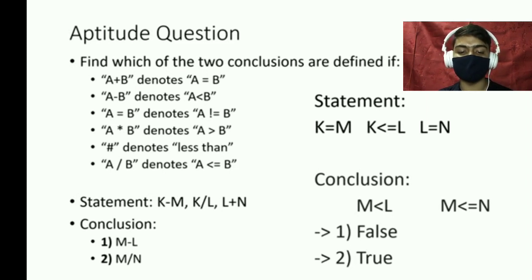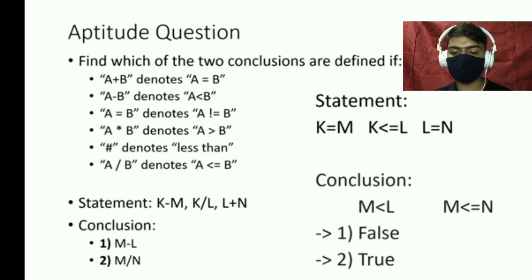The first one is M minus L, and the second one is M divided by N. Then the first statement, when we decoded it, K minus M means K is equal to M, then K is less than or equal to L, and L is equal to N. After we decode, the conclusions are M is less than L and M is less than or equal to N. From the statements, as you can see, K is less than or equal to L, and L is equal to N.